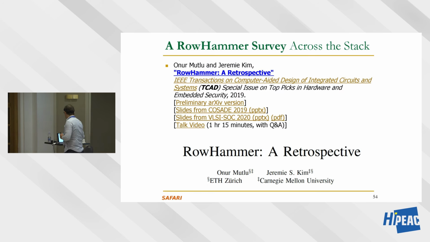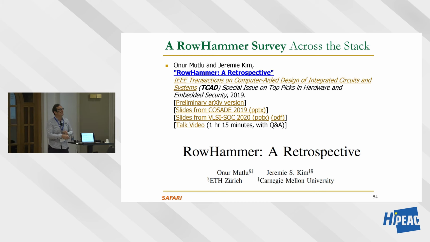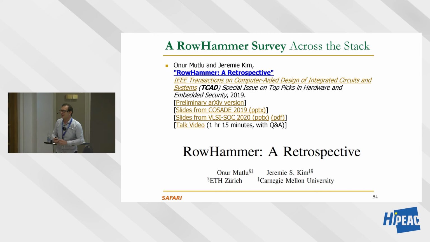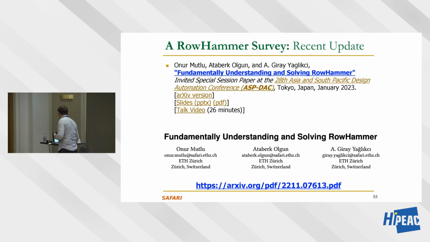Okay, so I'm going to give you now a little bit deeper perspective. This is a survey that we were invited to write to TCAD some number of years ago. It covers a lot of things in Rowhammer. As you can see, it's a bit dated right now, but it still is a very good introduction to Rowhammer if you're interested in getting into this. It covers really from the device level all the way to upper algorithm and security levels. But we've also been writing more recent surveys.